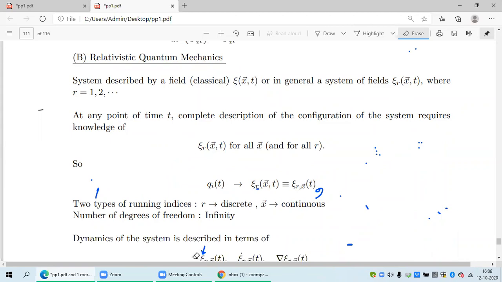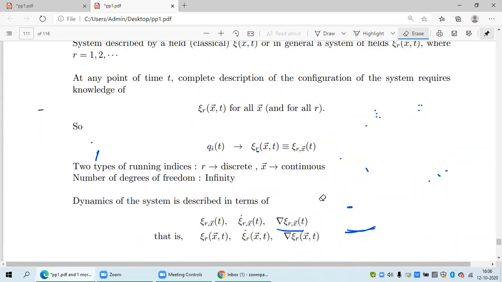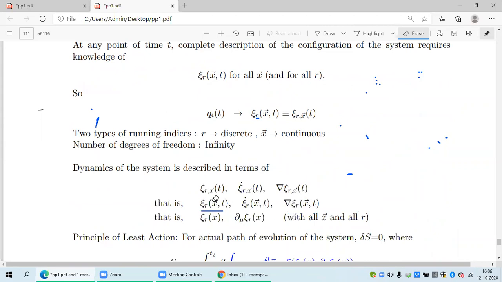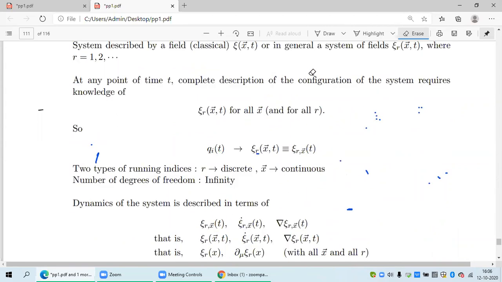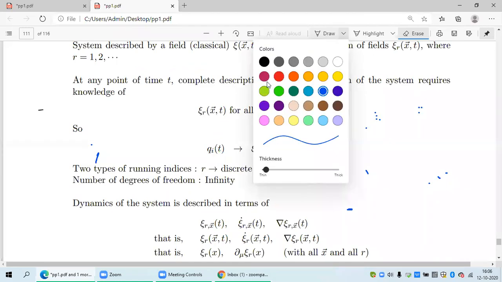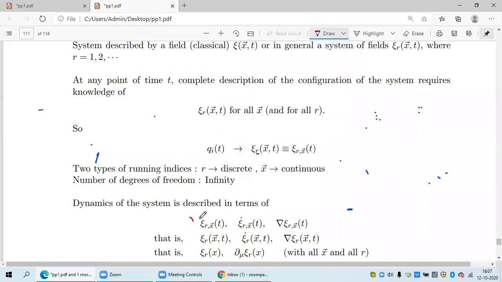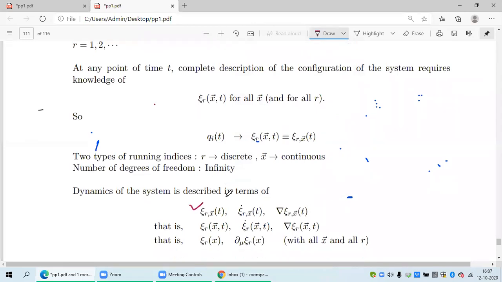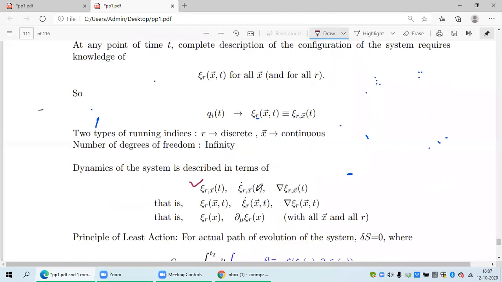So what I am saying is that there is a field psi. This field has a time dependence in it, obviously, that is the dynamics, and also has a spatial dependence in it. But the spatial dependence we treat as if different space points mean different generalized coordinates.